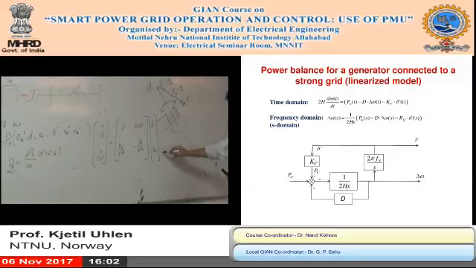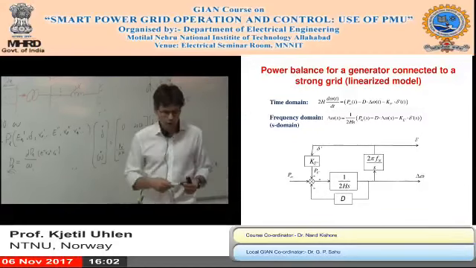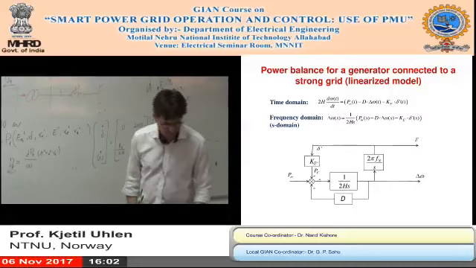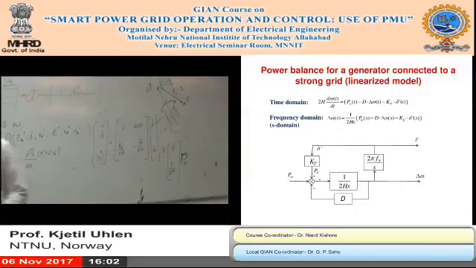And then, of course, this is driven by something that now is just the mechanical power, or 1 over 2h then, the mechanical power, so driving force. But we are sort of in position to do very simple analysis.